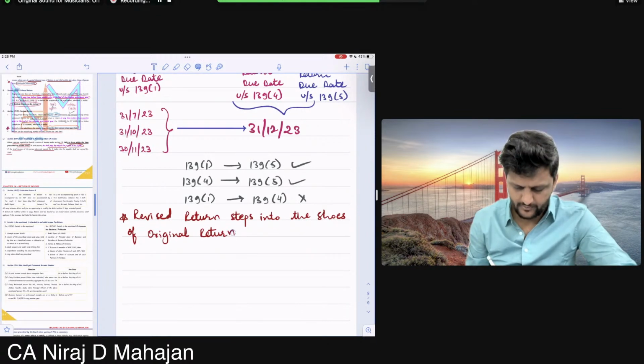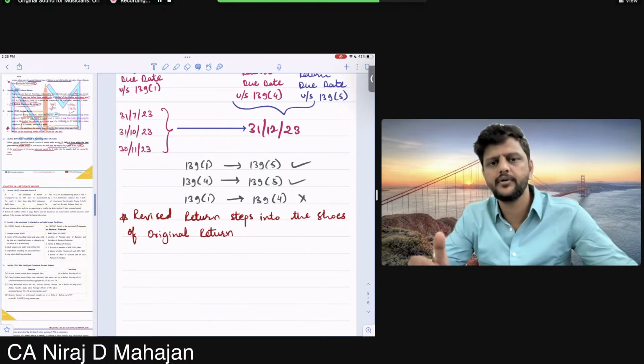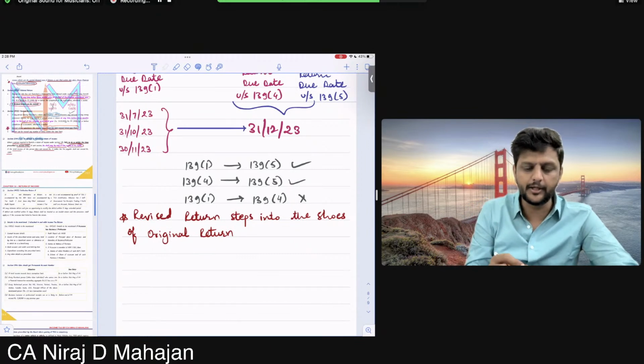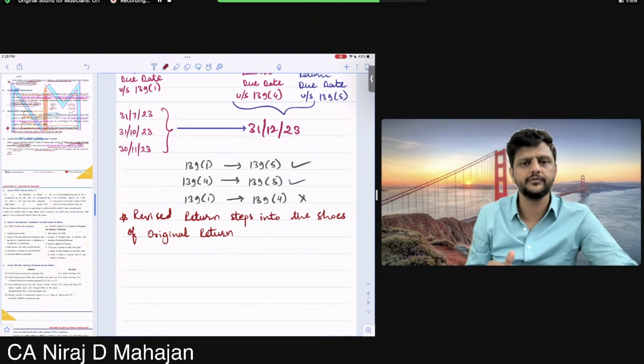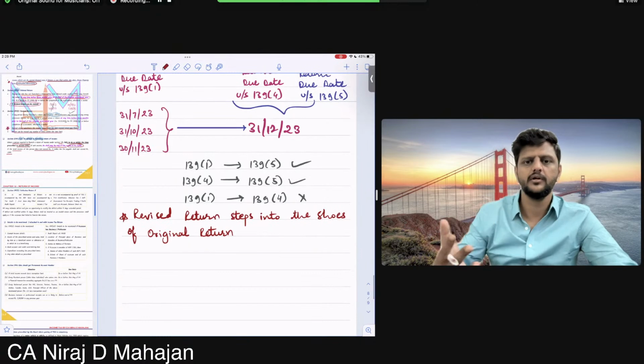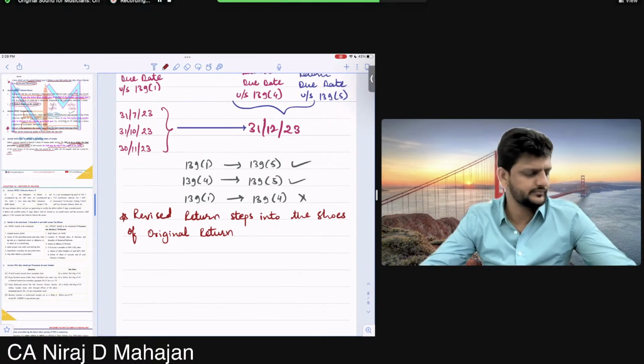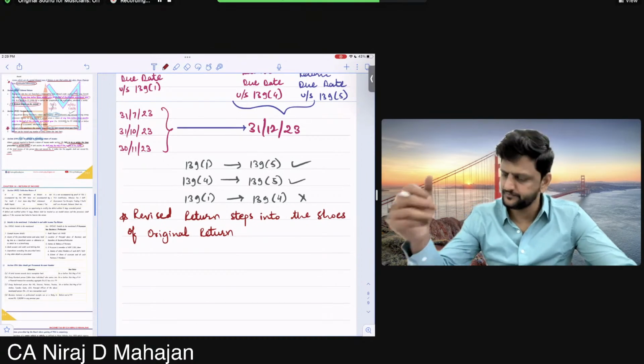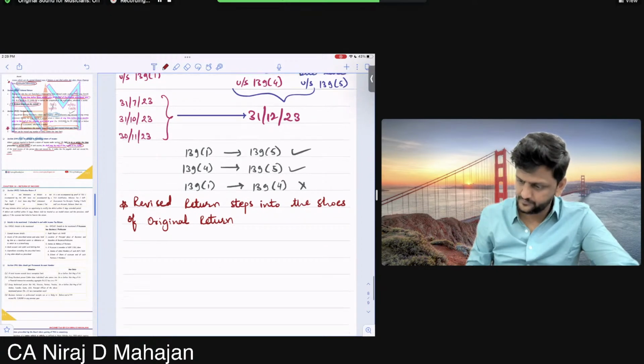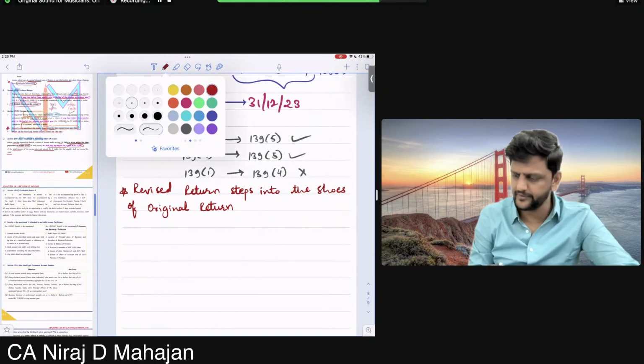Okay. In a way, it replaces the original return. Try to understand the meaning of that. Steps into the shoes means it is now as good as original return. Done, everybody? Next one.